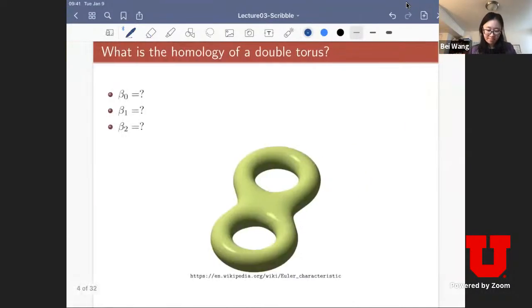Okay. Another thing we have left from the last lecture is what is the homology of a torus. Remember, when I say homology, zero-dimensional homology is connected components. One-dimensional homology is loops or tunnels, and two-dimensional homology corresponds to voids.